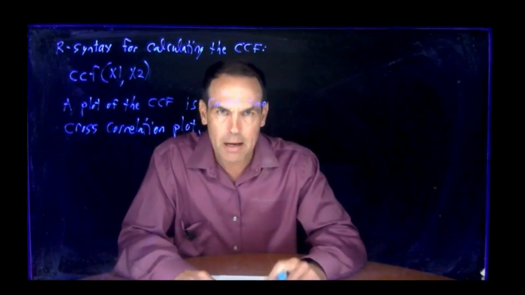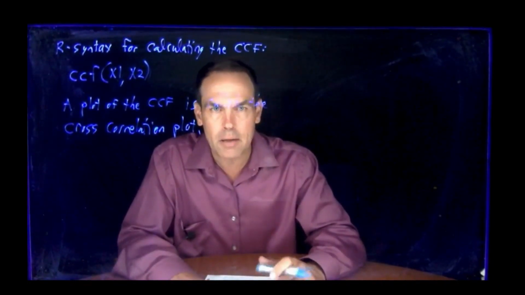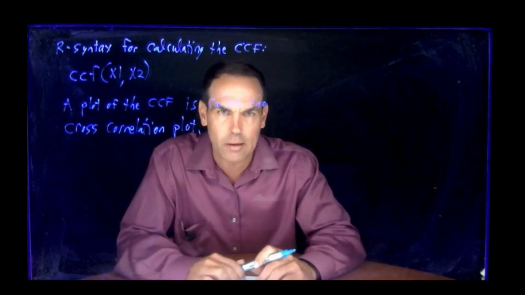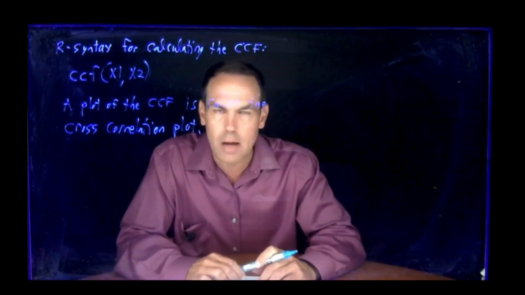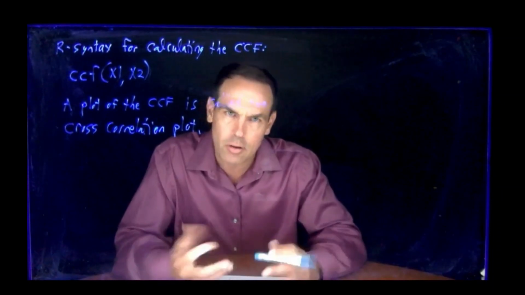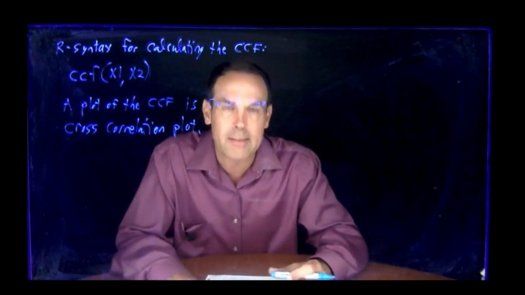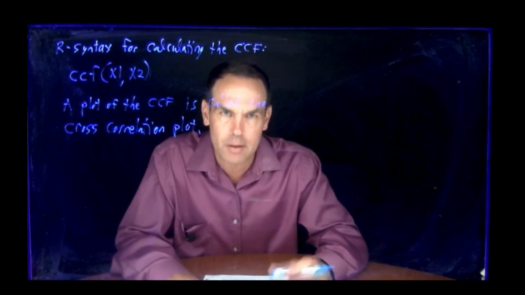So just keep that in mind, and this is the end of the topic of the cross-correlation function, and hope that helps, and it's really a neat topic, and as I said, it's really more of just an extension of our Pearson's correlation coefficient, but it's specifically for this case of multivariate time series.